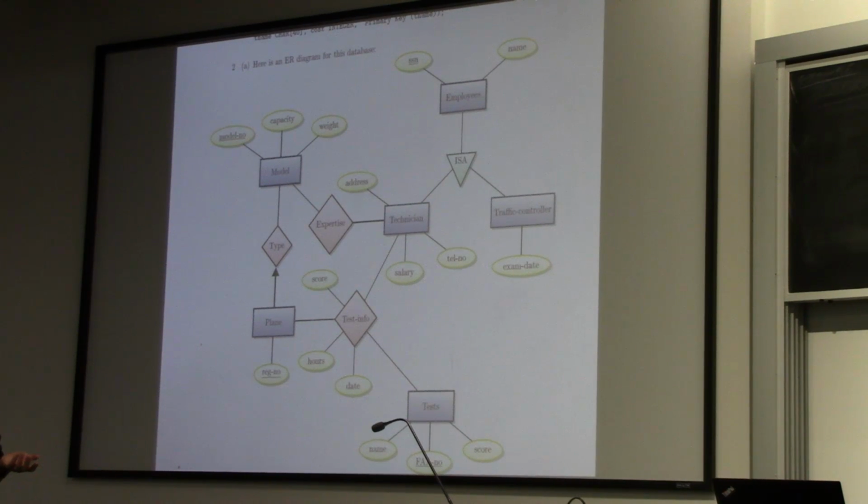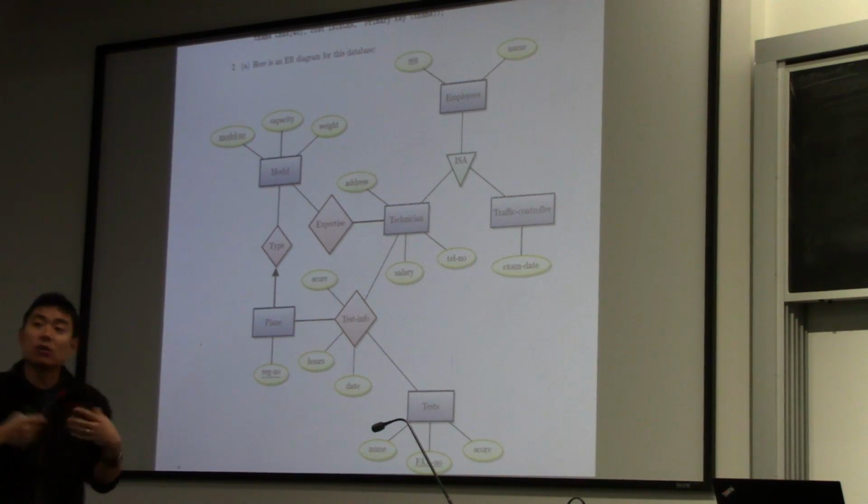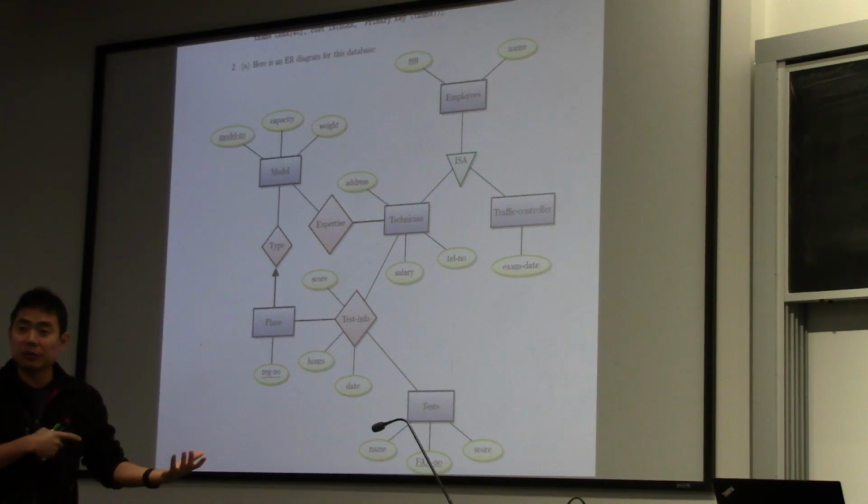I don't really care which way you go. But if the spec clearly mentions that among my employees, some are technicians, some are traffic controllers, or some other type of employee, but didn't mention what additional information I care about for those additional employees, but there is an indication that there are some other types of employees, then you will have to go with the 3 table setup.